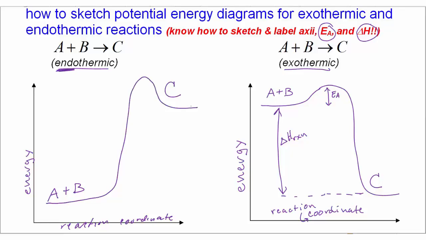There you go. So what's my energy hump? My energy of activation, my EA. Well, it's more than this. Those reactants started out down here. So that's my energy of activation. The enthalpy of the reaction is just the difference in energy between the products and reactants.